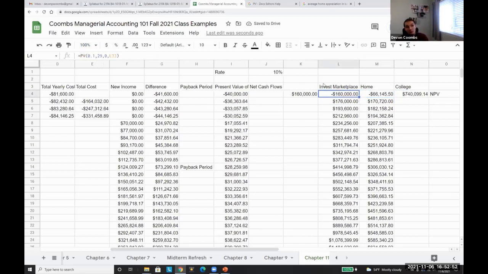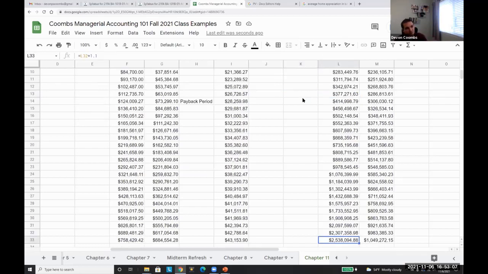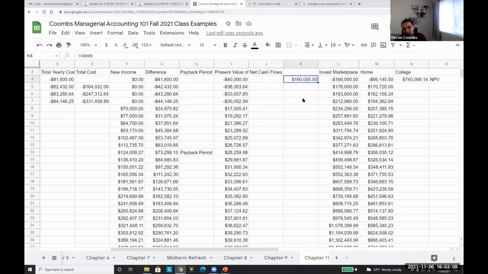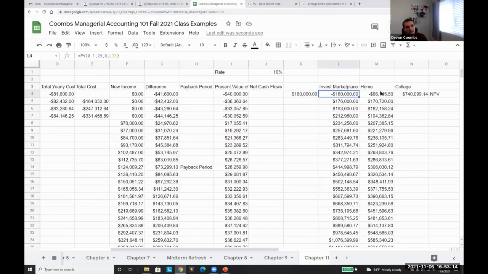This equals 160,000 because that's our initial cash flow. So investing in the marketplace gives us 0, right? We had $160,000 to start off with. That's why investing in the marketplace is our future take back plus our original investment. Negative 66,000 for the home, and then a positive amount for college.